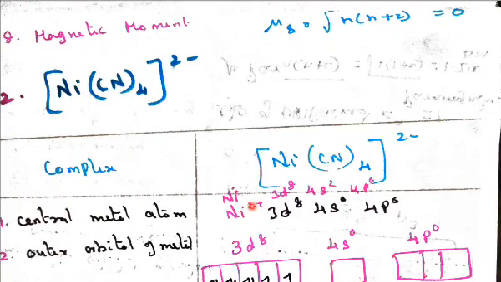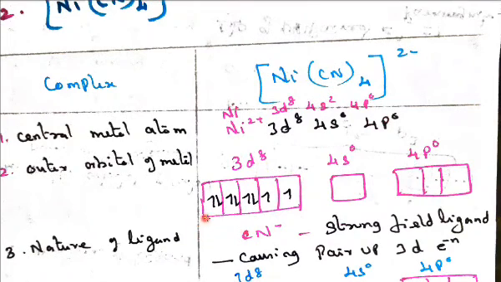First we write the nickel atom electronic configuration 3d8 4s2 4p0. Ni2+ means removing 2 electrons from the s orbital. So in the outer orbital configuration, 8 electrons: 1, 2, 3, 4, 5, next 6, 7, 8 are paired.